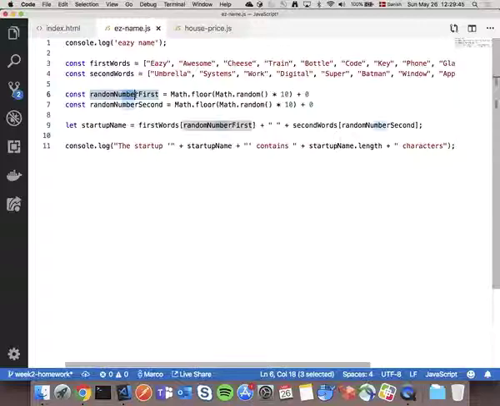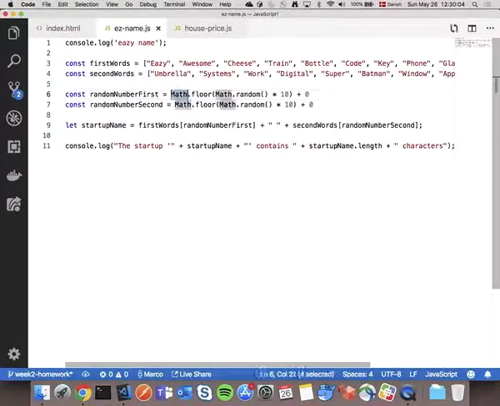Then I decided to create two random numbers, because if we only have one random number, it will always be the same random number. I don't always want it to be Easy Umbrella or Awesome Systems, so if I have two, I can get one from one array and one from another.